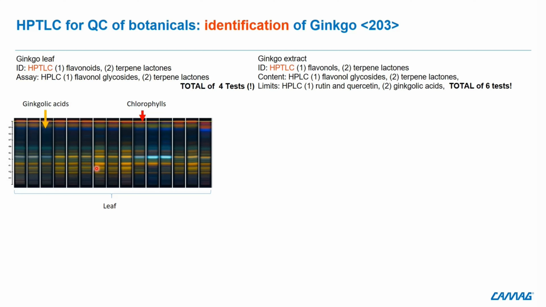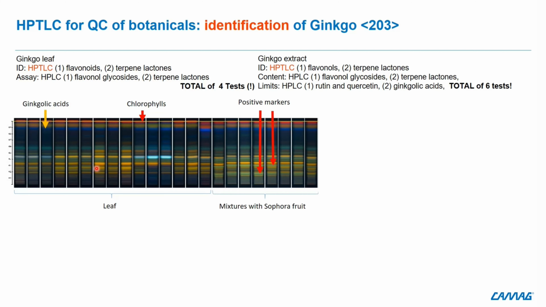If raw materials have been mixed with other species, the chemical fingerprint will show it. Here we can see the fingerprint of Ginkgo mixed with Sophora fruit, a known adulterant for Ginkgo. Additional green zones are used as positive markers for adulteration with Sophora fruit.